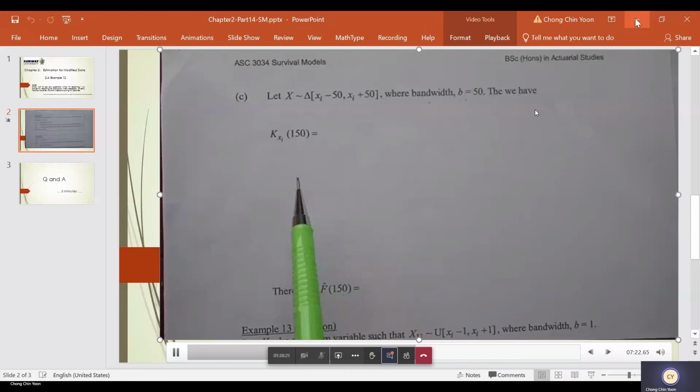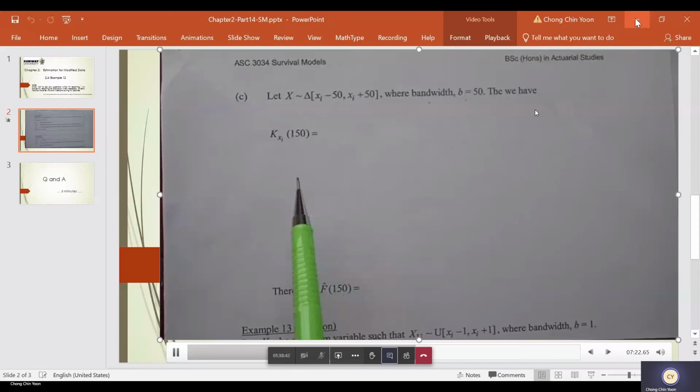Next, I'm going to rearrange this result. Then we will have 0 when xi is greater than 200.